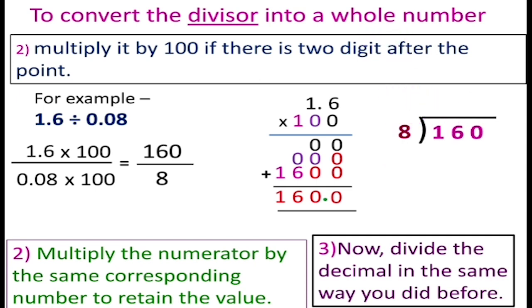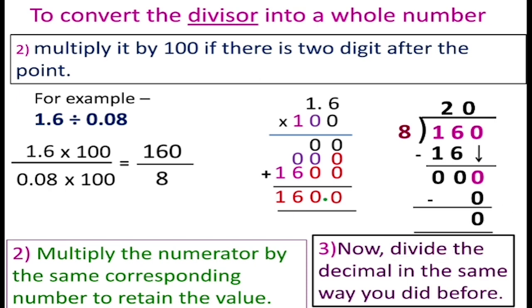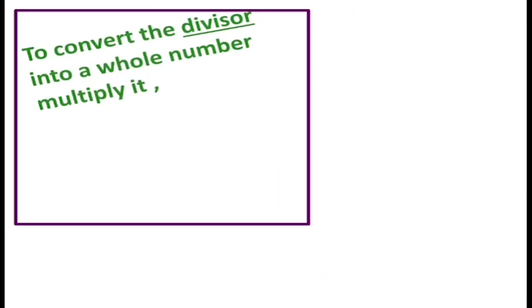So we know 8 ones are 8, 8 2s are 16. Write 2 in the quotient and 16 here. Then subtract 16 from 16, you will get 0. Then bring this 0 down and do 8 zeros are 0. Write 0 in the quotient and 0 here. Then subtract 0 from 0, you will get 0. So the quotient is 20.